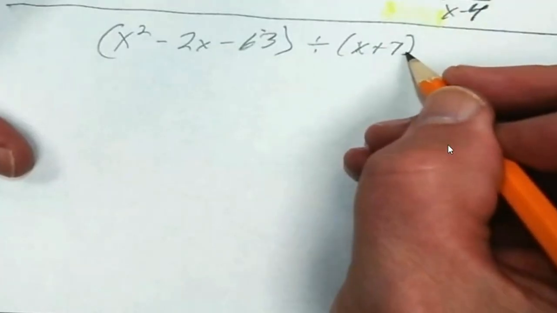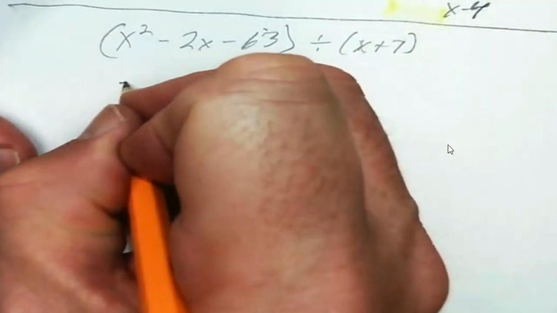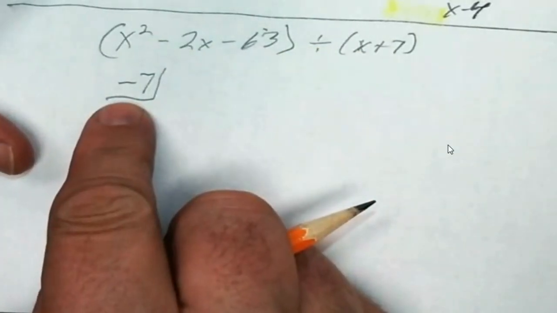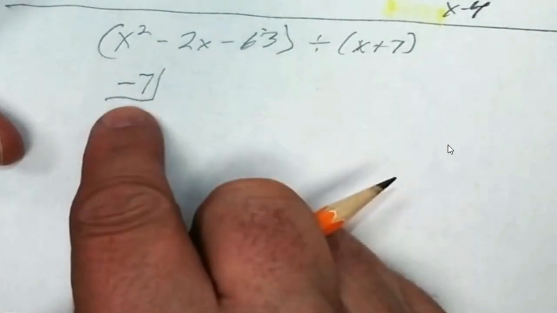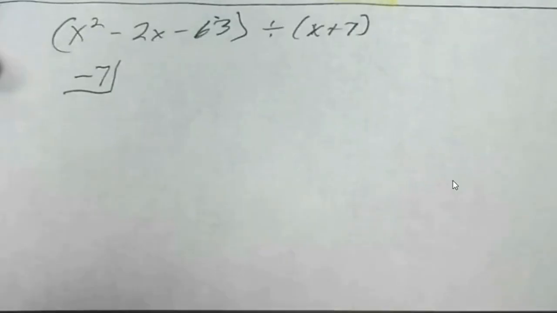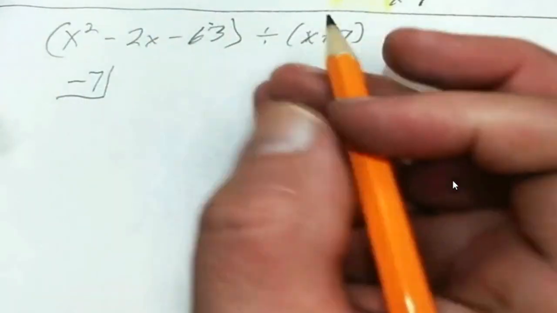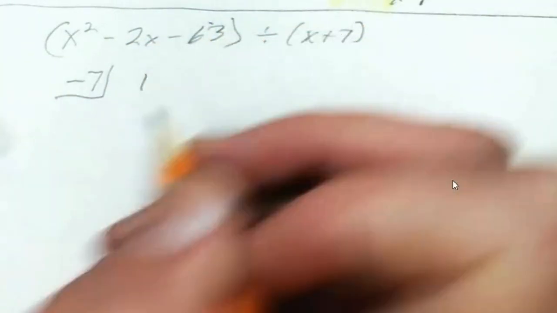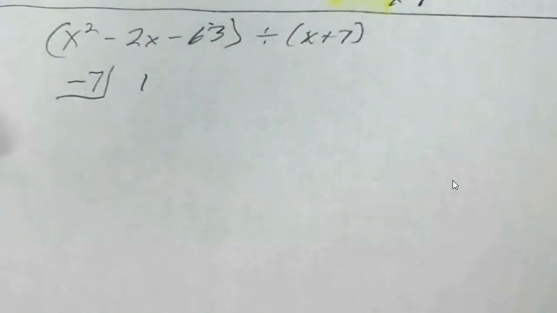So if it's x plus 7, that means we're using a negative 7 to divide with. Because this is a plus, we're going to use a negative. If this was a negative, we'd use a plus. And we just want the coefficients. What's the coefficient here? X squared, coefficient's 1, right? There's 1x squared.